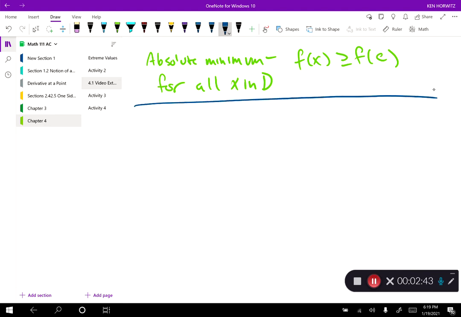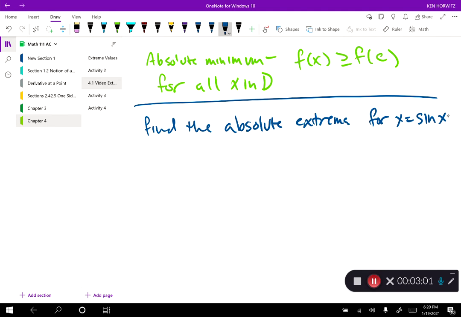So if I said find the absolute extrema, that means absolute max, absolute min, for y equals sine x on the interval negative pi over 2 to pi over 2.